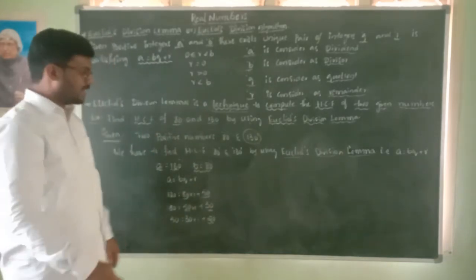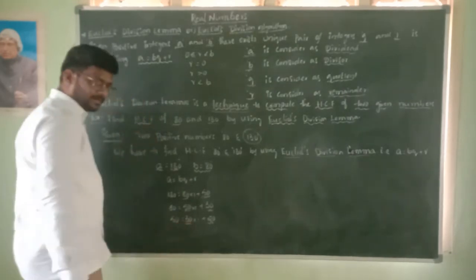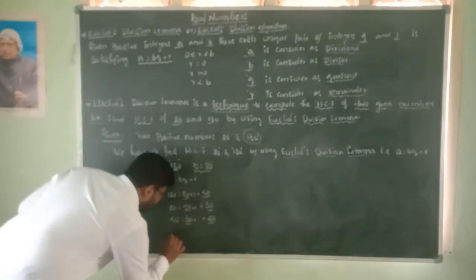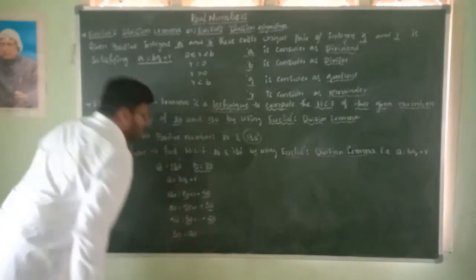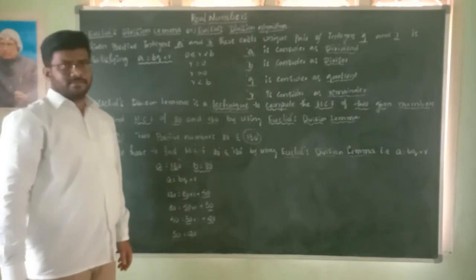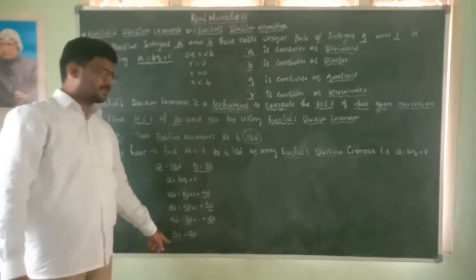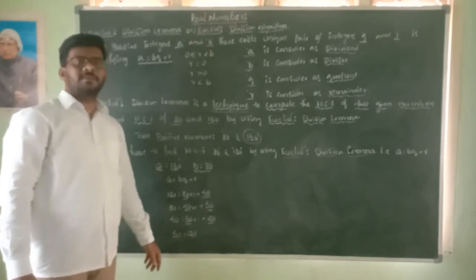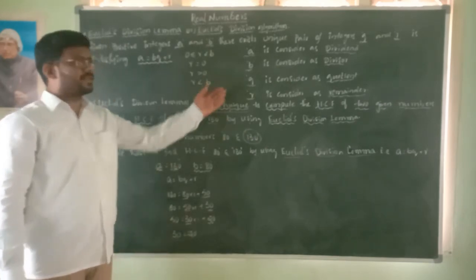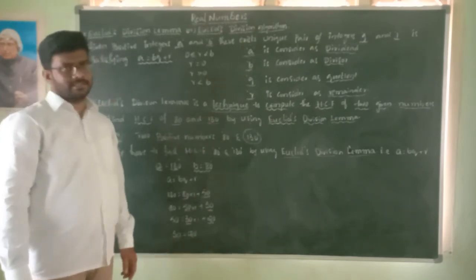Okay children, let us continue to the further step. Here the divisor will become the dividend in the next step, and the remainder will become the divisor. Okay children, do the division algorithm here. Here a is 30, b is 20. According to Euclid lemma, this is the dividend, this is the divisor.